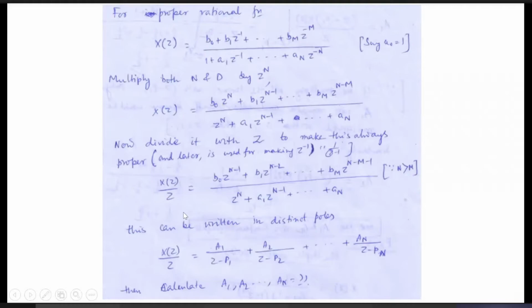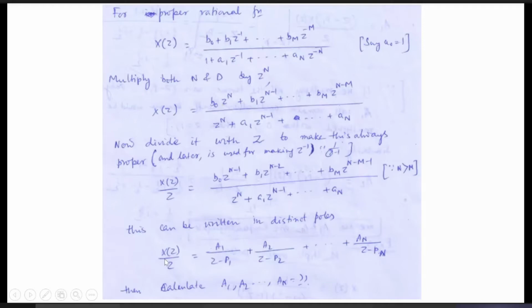So X(z) by z, let us write as a partial fraction, this whole ratio as a sum of different terms. Okay. The z we have taken from the numerator comes into the left hand side, so we take X(z) by z.